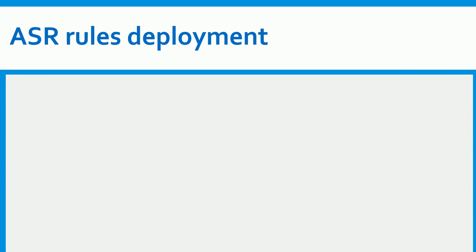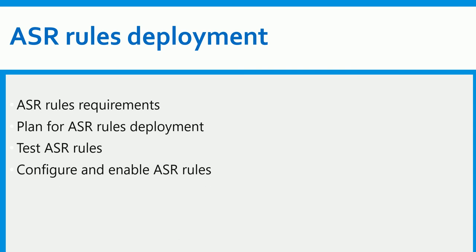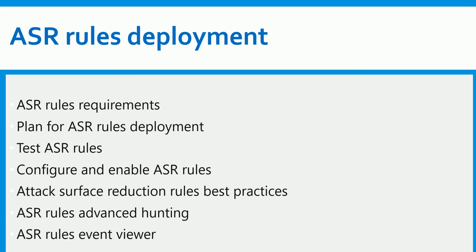Now let's understand the ASR rule deployment. How you can deploy the ASR rule. First thing is ASR rule requirements. You can gather your requirements and plan for the ASR rule deployment, test your ASR rule, and then configure and enable the ASR rule, then attack surface detection best practices, and then finally go with ASR rule advanced hunting and the event viewer.